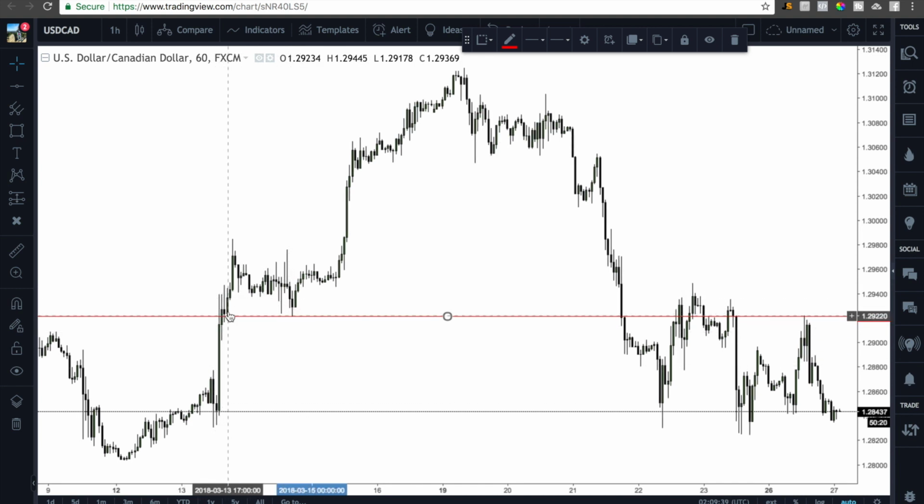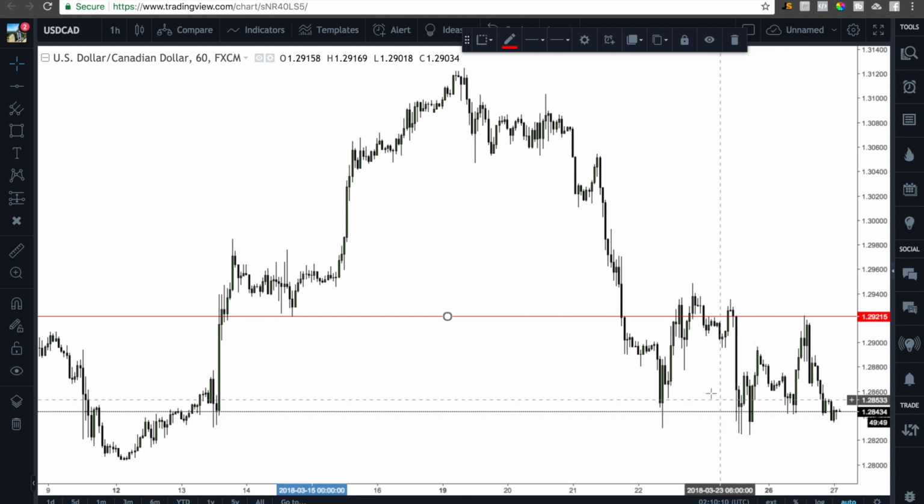It broke through this, acted as support, traded higher, came back, acted as support, traded higher, came back down. Once it broke below this, then it should act as resistance, right? Comes back up, comes a little bit above it, but ultimately trades lower, comes back, retests it again, so another potential entry, sells off, comes back, retests it yesterday, and then trades off, sells again.